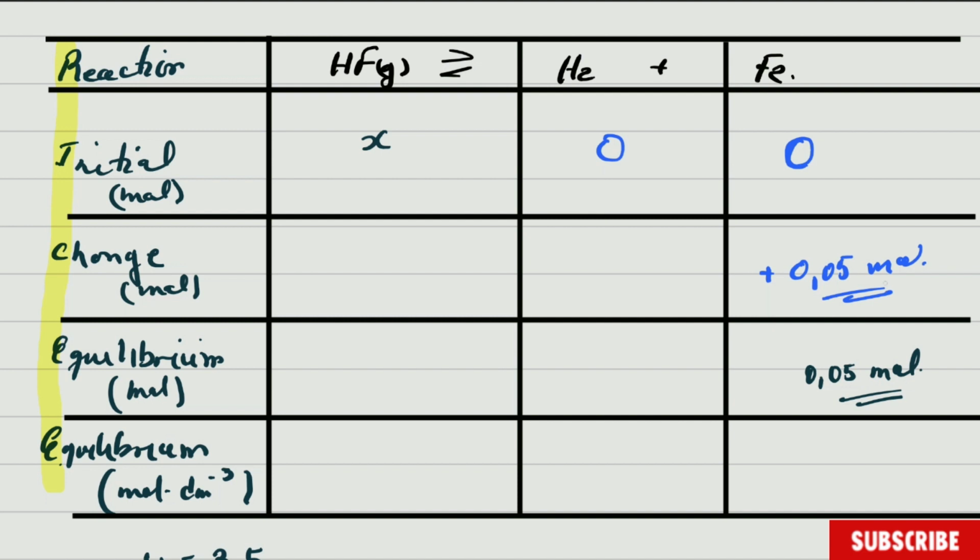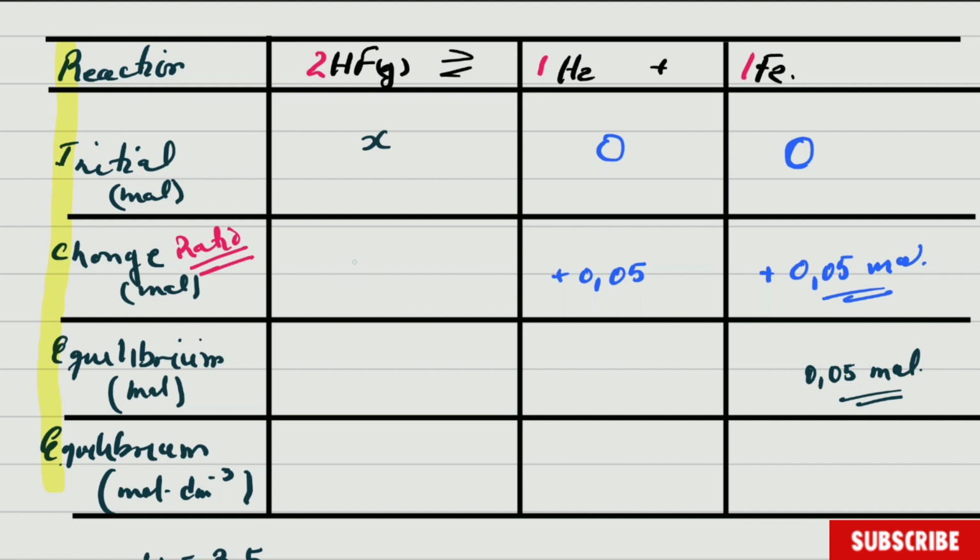Okay, now important at this point of the change is when you can use the ratio. So here you are going to use the ratios, and the ratios are 2, 1, and 1. I did not write the ratios here, so let's write 2, 1, and 1. That is the equation. So the ratios are 2, 1, and 1, which means that the change for hydrogen gas was exactly the same. It was a positive 0,05, and this one here is a double amount.